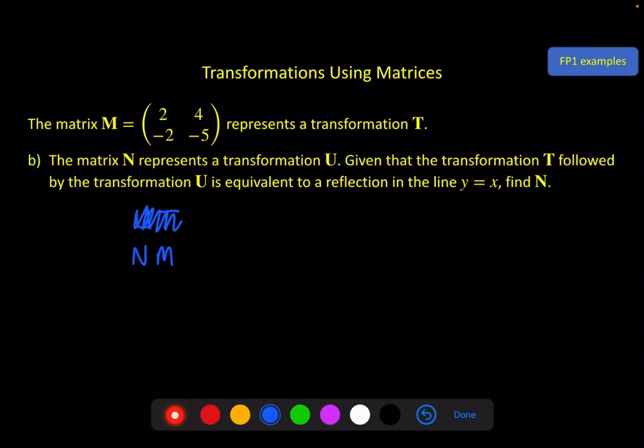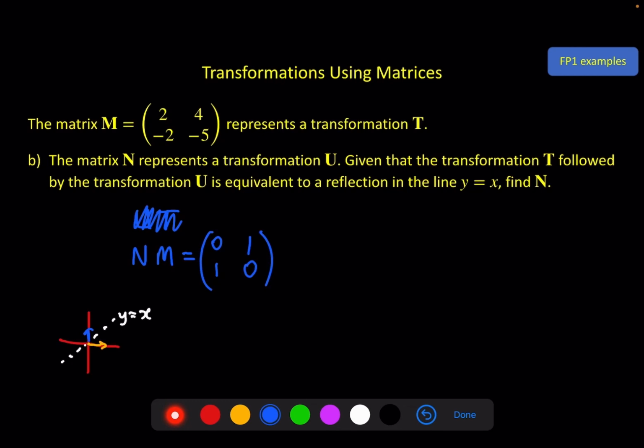So this matrix combination is equivalent to a reflection in the line y equals x. Now the matrix for the line y equals x, if I have my little diagram again, what happens here and what happens here needs to be a reflection in the line y equals x. So the yellow one would end up becoming the blue one, which gives me a 0, 1, and the blue would turn into the yellow, which is a 1, 0.